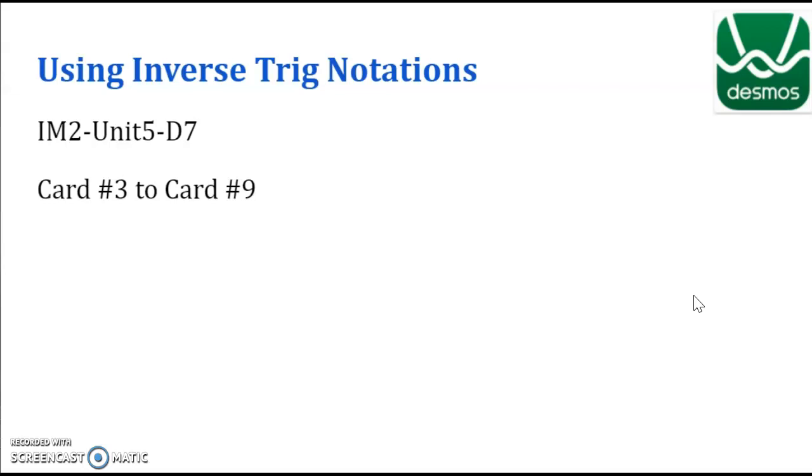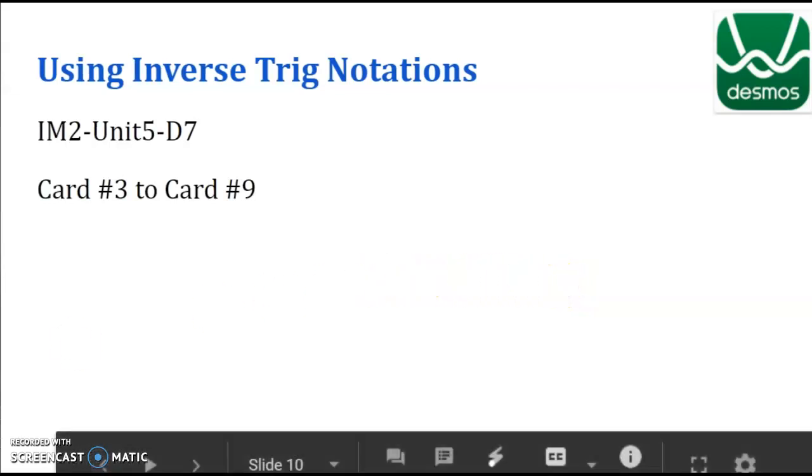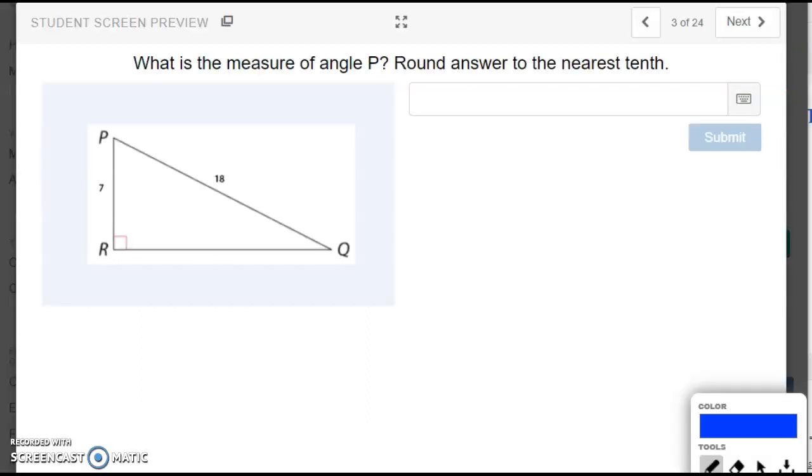All right, so I would like you to try to do card number 3 to 9 of the inverse trig function notation. Okay, so this is card number 3 of Desmos. So what are we given? We are given the side length here, and we're given the side length here. Actually, that's the hypotenuse, and this is one of the legs.